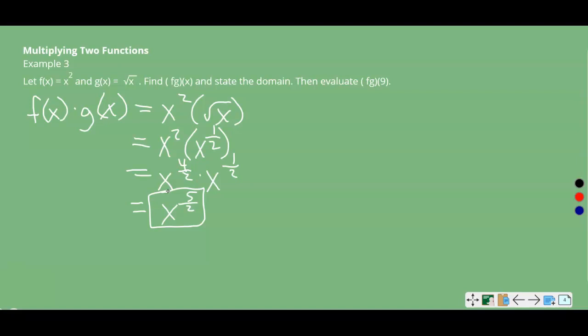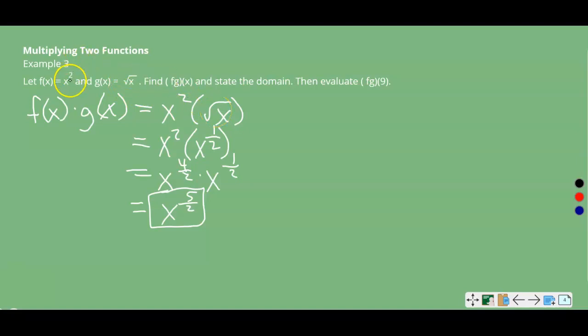Now, talking about the domain. Again, the domain of x squared would be all real numbers, and g of x would have to be all non-negative real numbers as the square root of x. You've got a variable here underneath the square root.